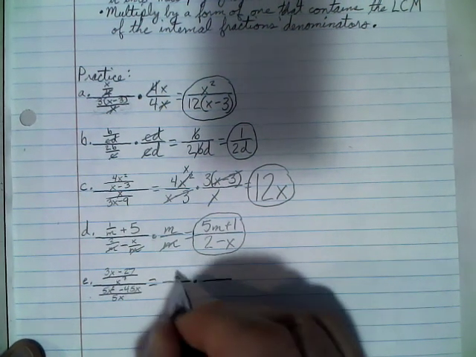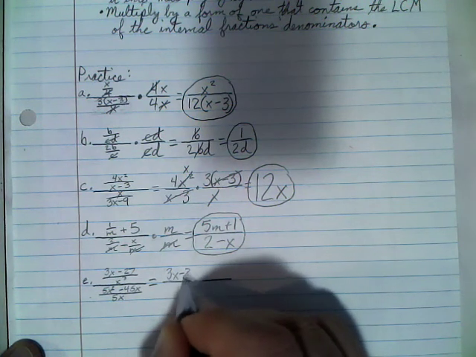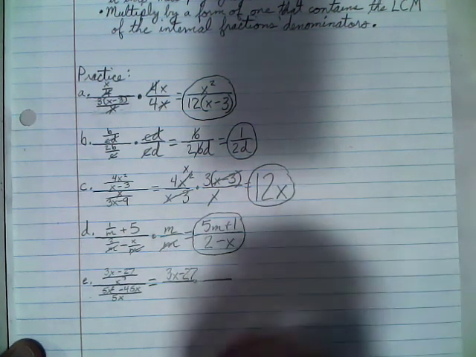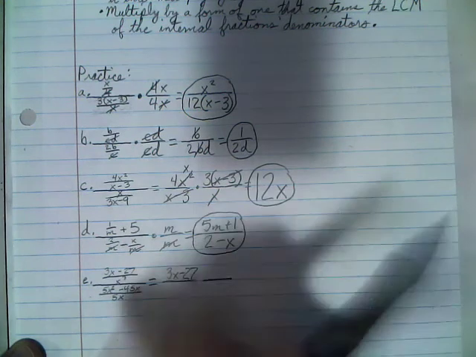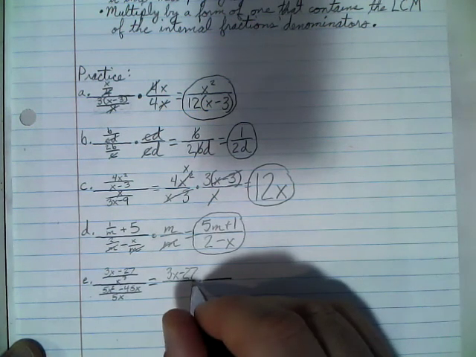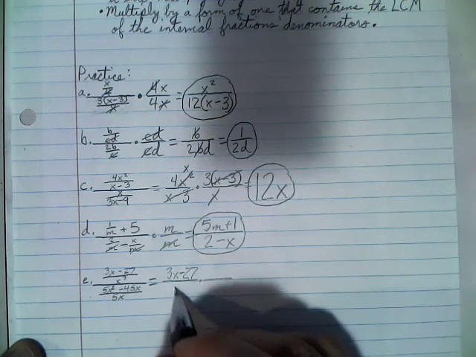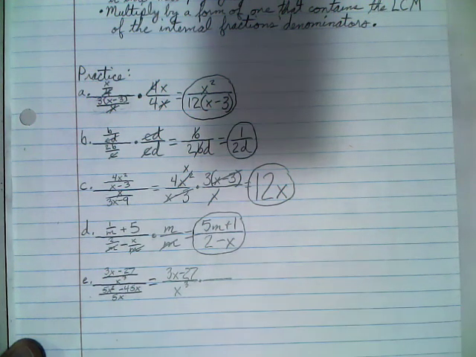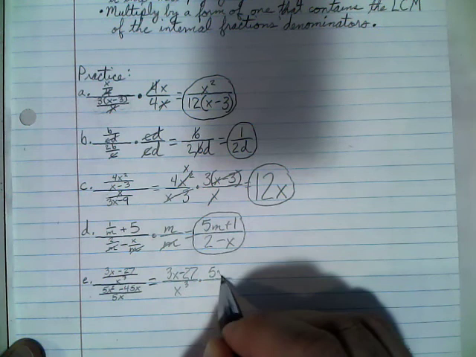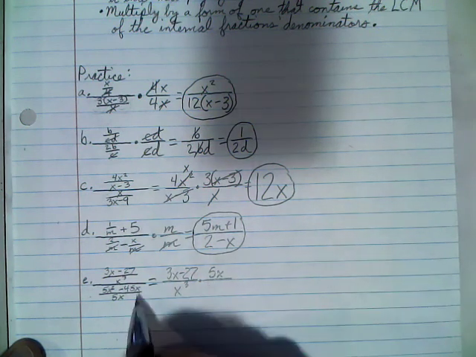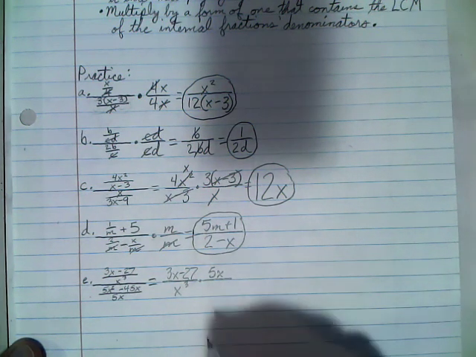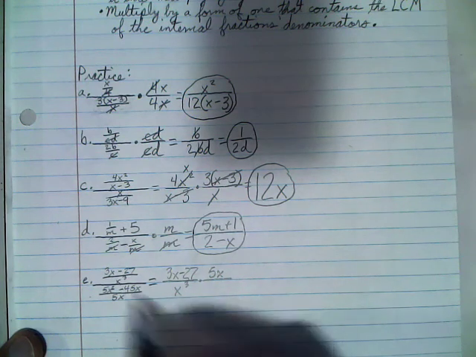So up top, we're going to leave 3x minus 27 as itself. I've got to slide that over just a little bit to leave quite enough room. And then in the denominator, we just have x cubed.